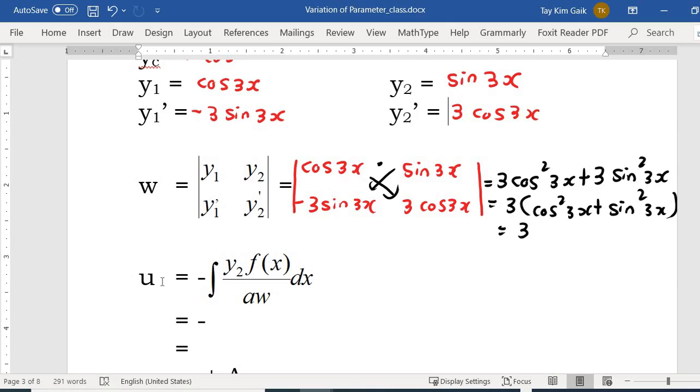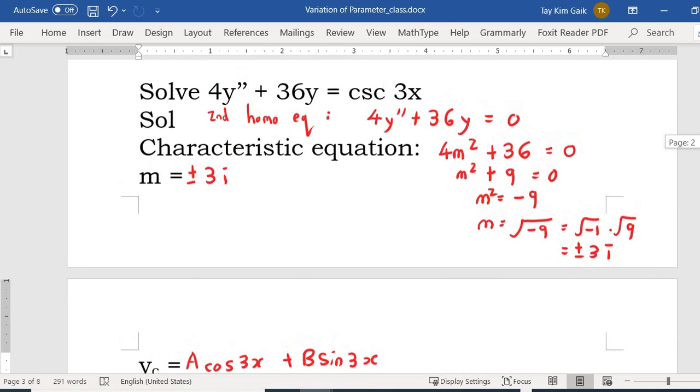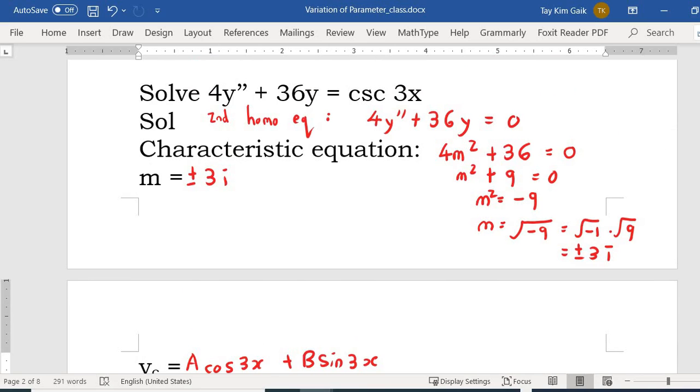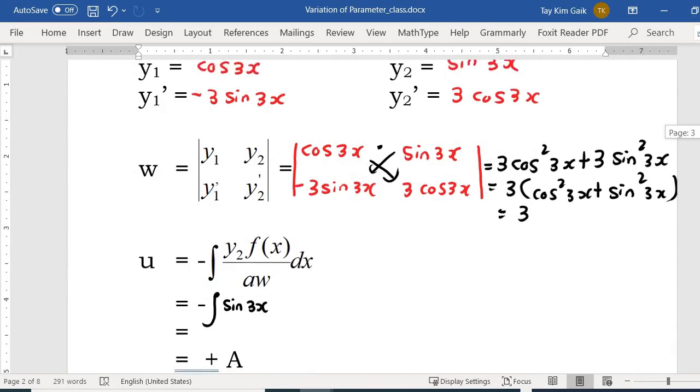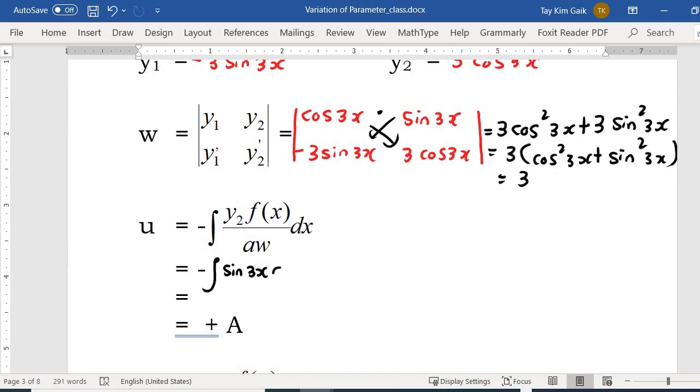Third step, find the U given by the formula negative integral of y2 f(x) divided by a and W. Okay, y2 is sin 3x. To get f(x), look back at the question. f(x) is cosec 3x.